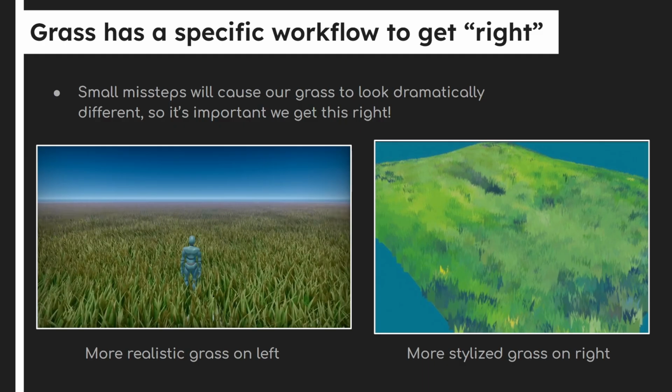Grass has a very specific workflow to get right, I found from my experience. Small missteps can cause your grass to look dramatically different. And it's important we get this right to get a look that we want for our specific games, right? So in this example I have provided, you can see on the left here, this is one tutorial I saw online where the grass looks much more realistic and kind of wet, I perceive it as, which is fine for some more realistic games.